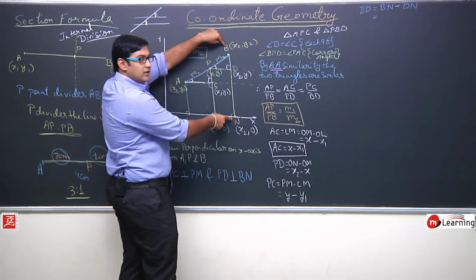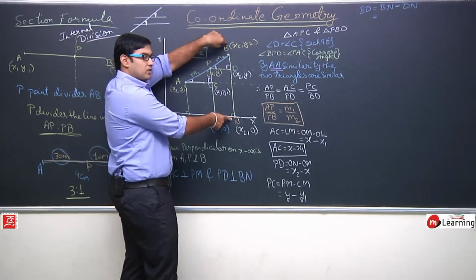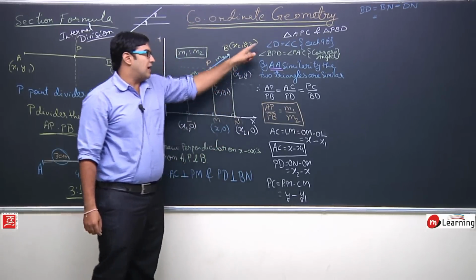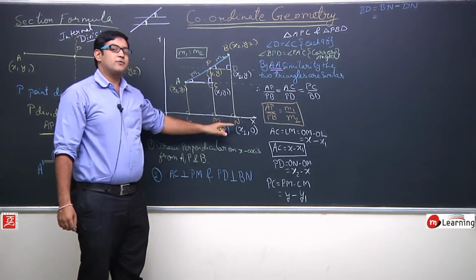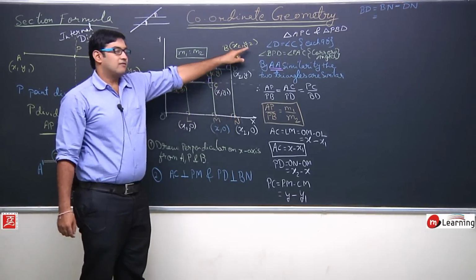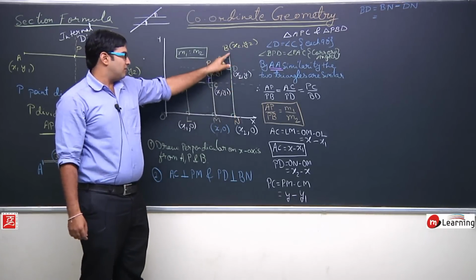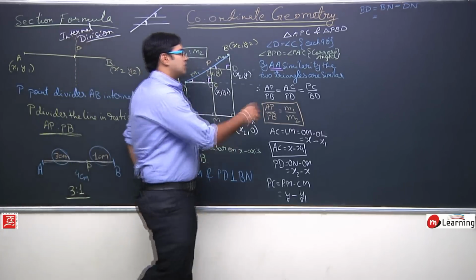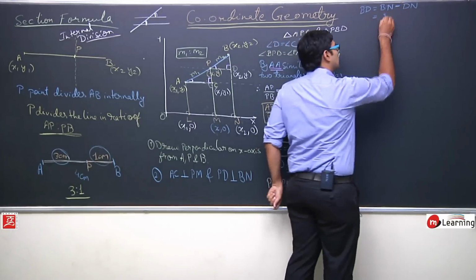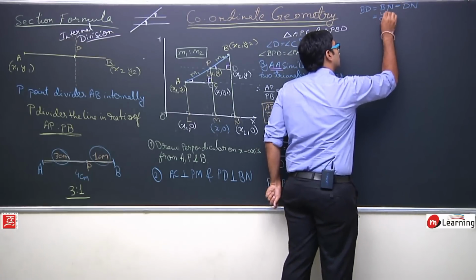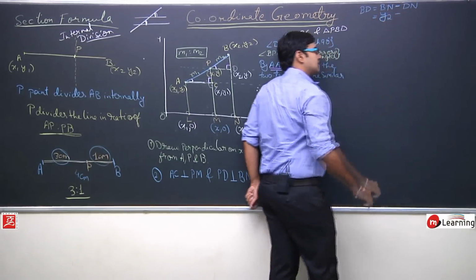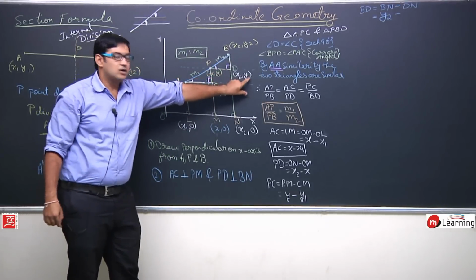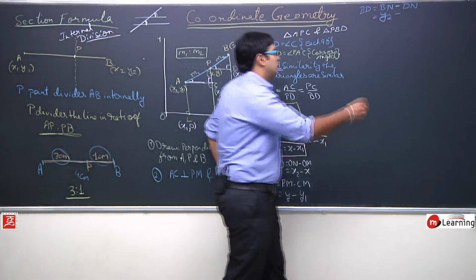The length of BN will be the y coordinate of B. Just remember what we have discussed in the first class. The y coordinate represents the distance from the x axis. So the y coordinate is y2, meaning the distance of this point B from the x axis is y2. So in place of BN I can write y2 minus, in place of DN, this line DN, I can write the y coordinate, so it is y.